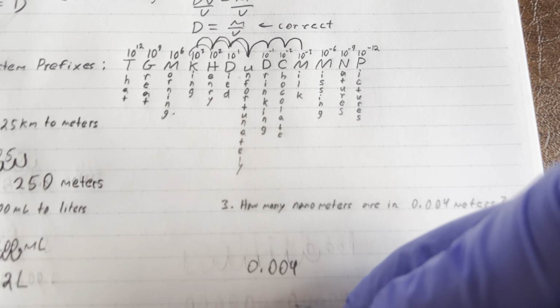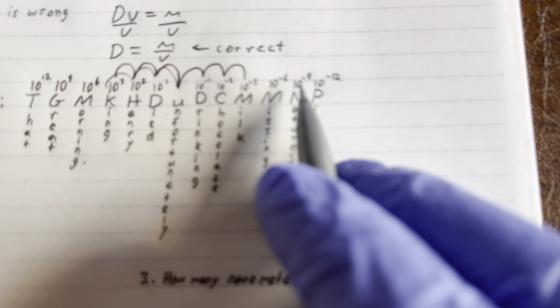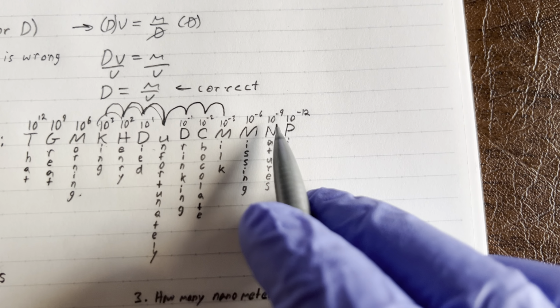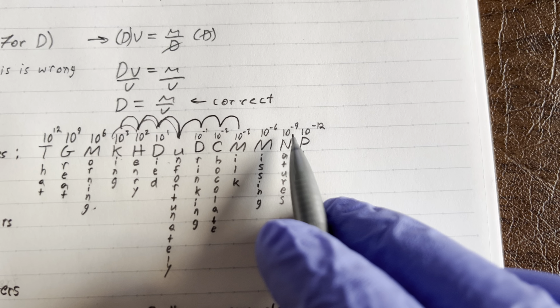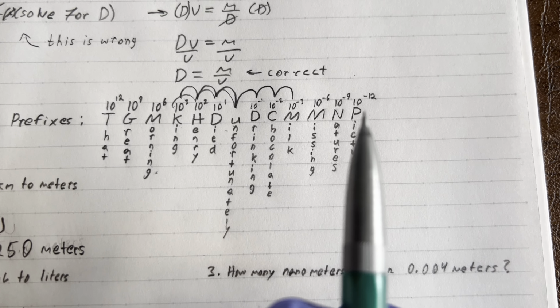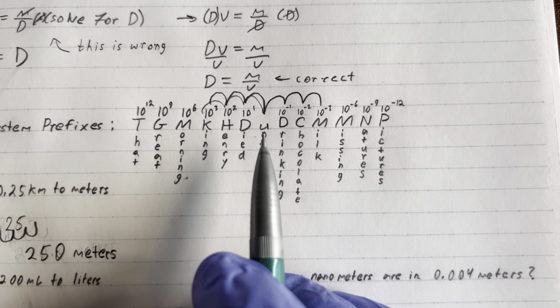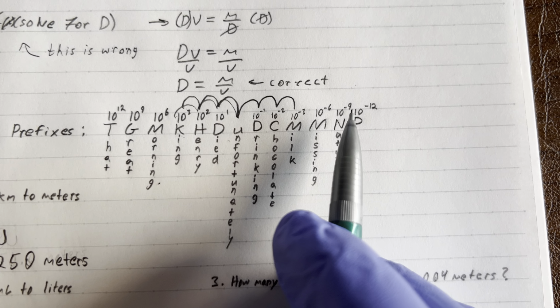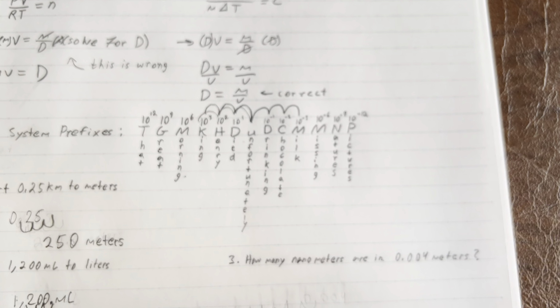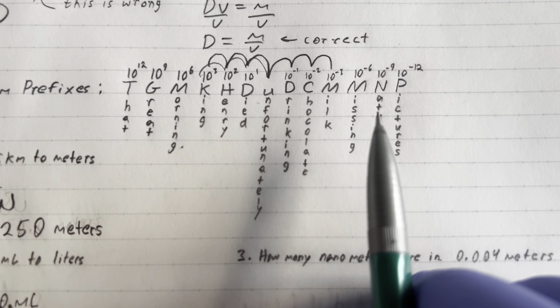And then we want to get this to the nanometers, and the nanometers are right there. So we know that the exponent correlates to how many places you're moving in that direction. So we're going to be moving 9 places to the right because we're going from the base unit to this prefix here. So if you're traveling from the base unit to a prefix, you just follow the exponent in whichever direction it's going. So we're starting from meters and we want to end up at nanometers.